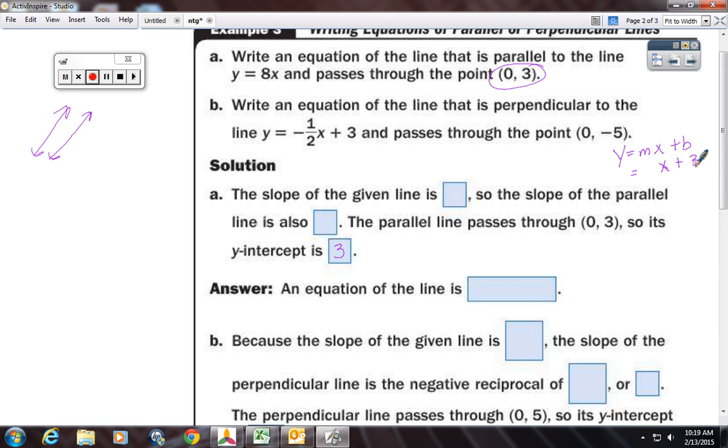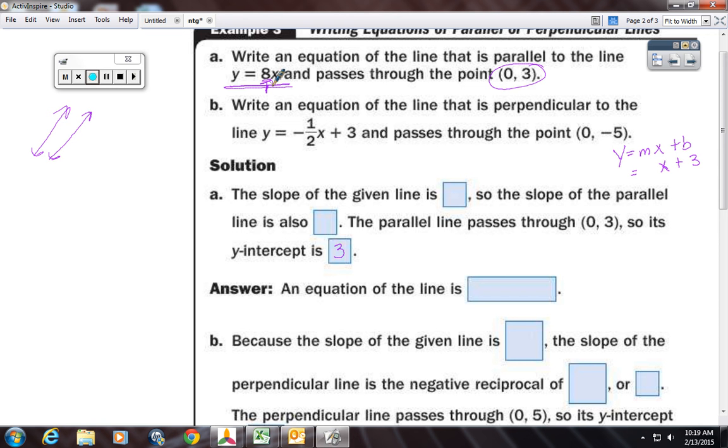Now how do we know what the slope is? The slope will always be the number in front of x. What number is in front of x? 8. So that's our slope, which is really 8 over 1, as we saw in previous lessons. We would rise 8 points and run 1 point.